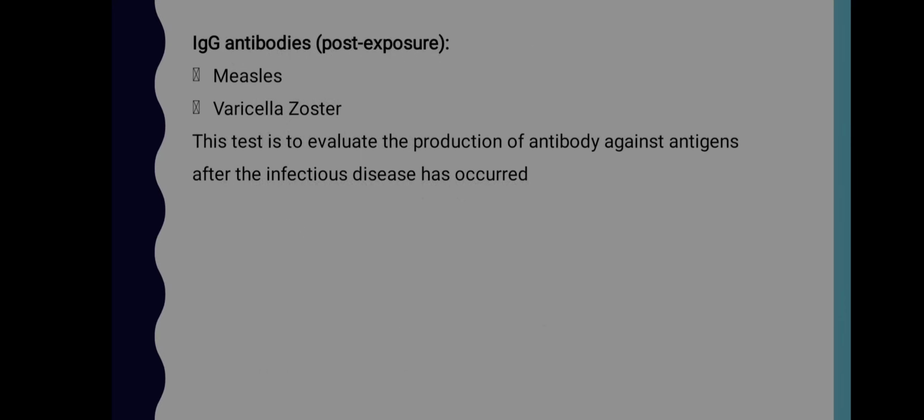IgM antibody reports exposure to measles and varicella zoster. In this test we measure the production of antibody against the antigen after the infectious disease has occurred.